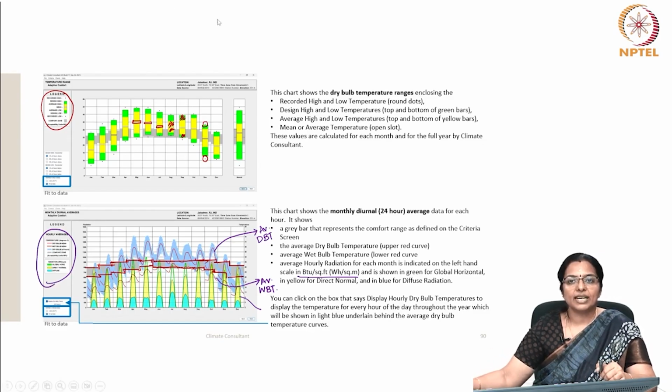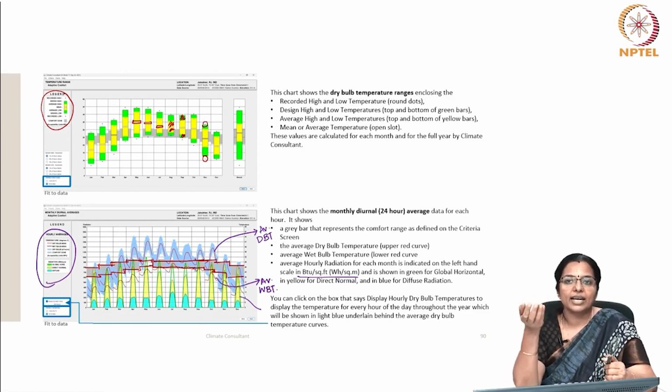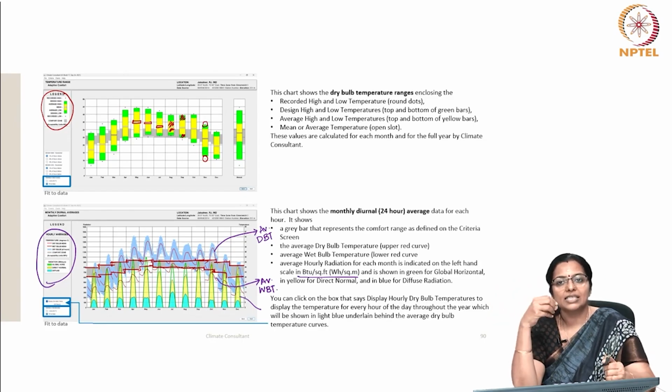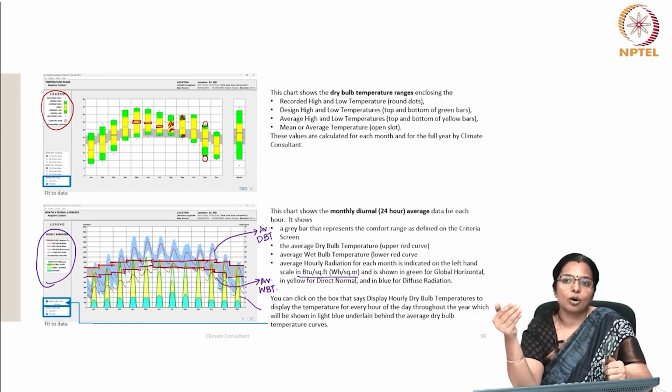So, when diffuse radiation is higher, it usually means that the sky is more overcast. And so, direct normal beam radiation will probably be cut down. Thus, total or global horizontal radiation will be reduced. Global horizontal radiation is the sum of diffuse radiation from the entire sky vault plus direct normal radiation from the sun times the cosine of its angle of incidence to the ground.